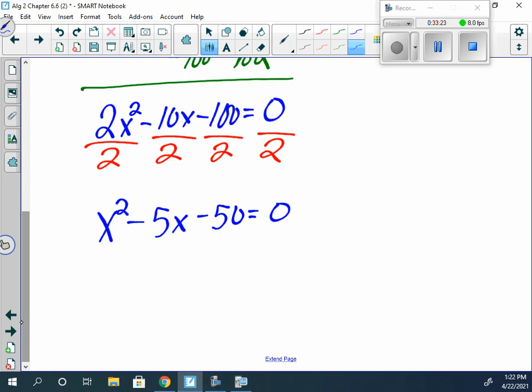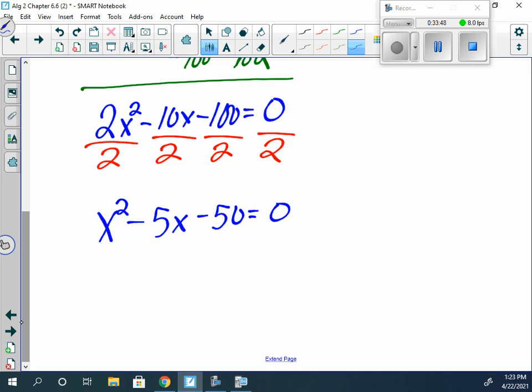Now, if this had been a variable, if they all had x cubed, x squared, and x, we'd have to actually factor it out and leave it out front. Because when I divide by a variable, I'm pulling a solution out of the equation, which could work as an actual solution, but since we removed it, we won't actually get it in the end. Does that make sense, the difference between those two there?